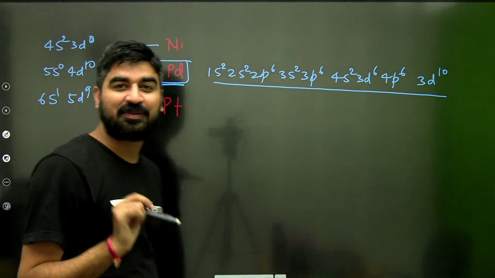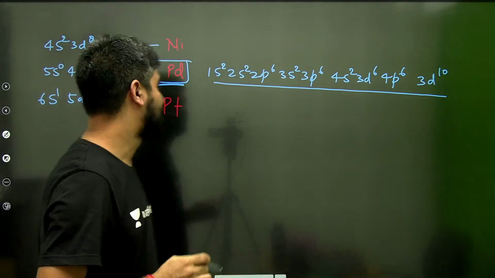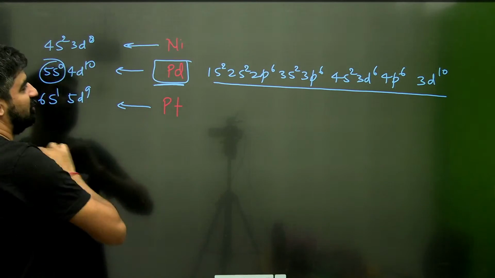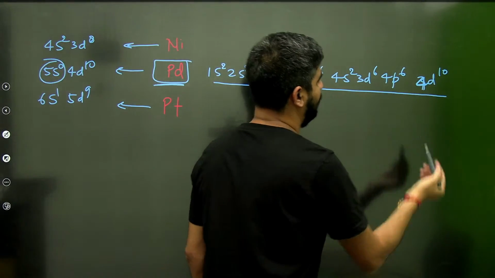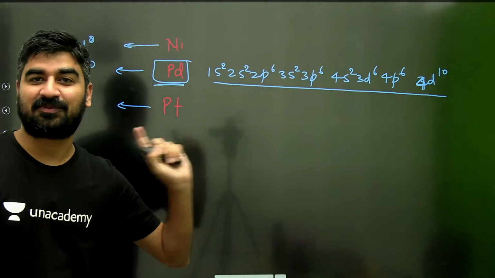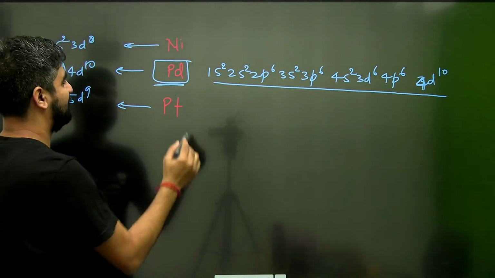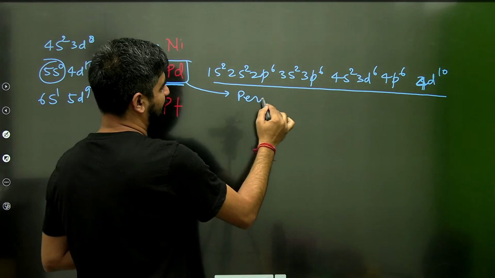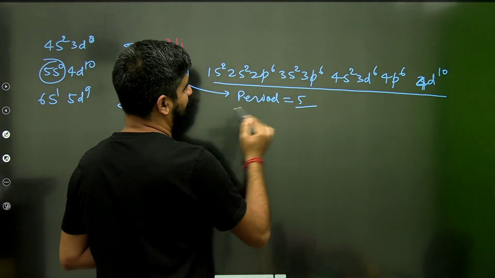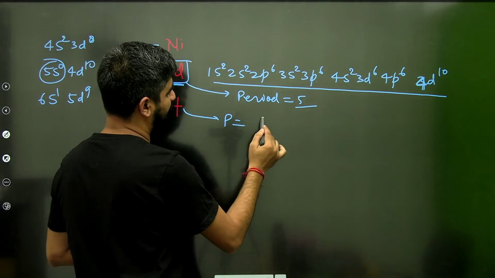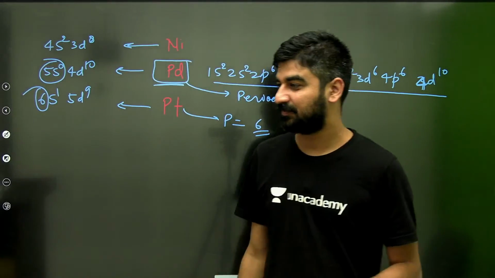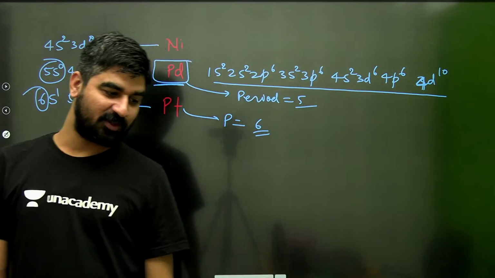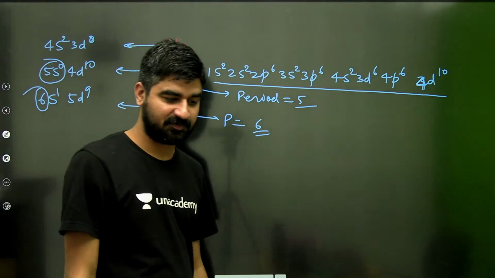So guys, you have to remember them, right? So in this case, this is 0, so I'm just writing 4d10 here. This was wrong, 4d10. So the maximum n is 5, but its period number will be 5. For Pt, its period number will be 6. 6s1 is there, right? You can even look at it in the periodic table.